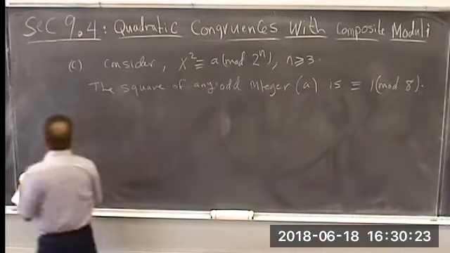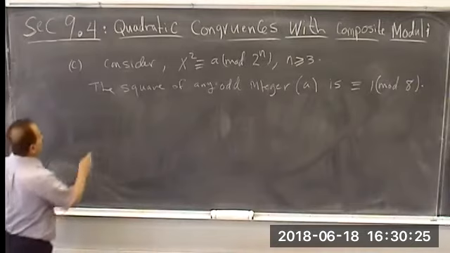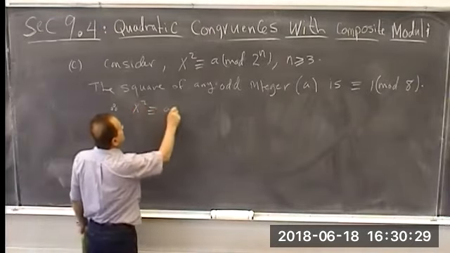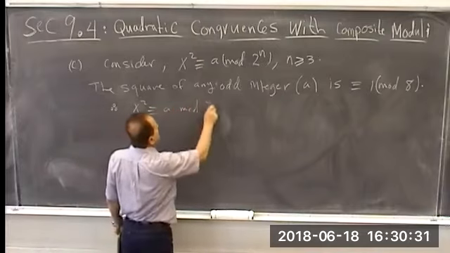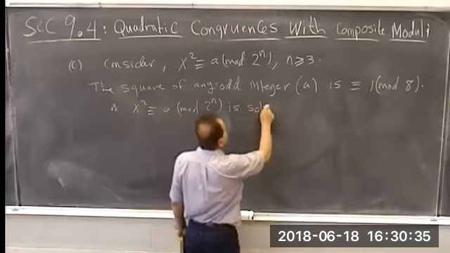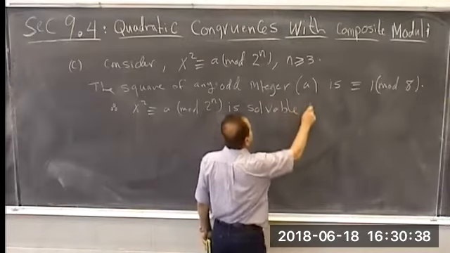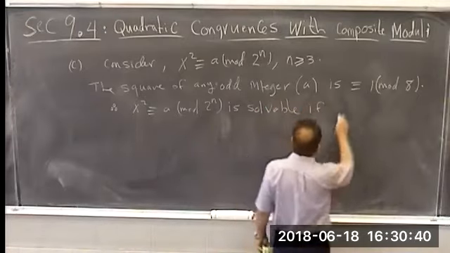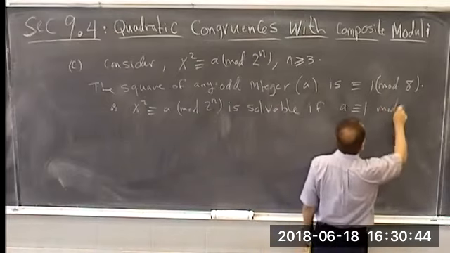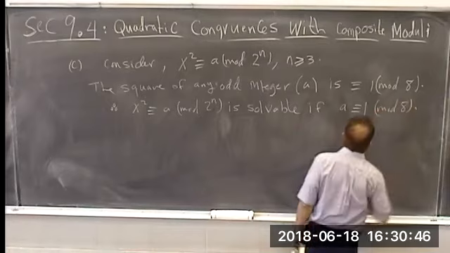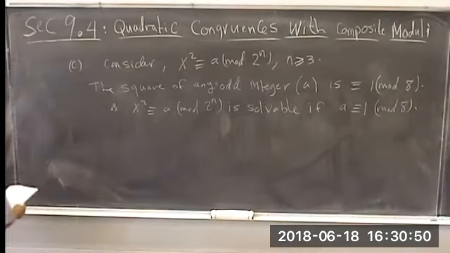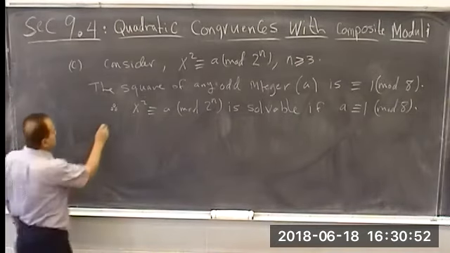So in other words, for this to be solvable, x squared congruent to A mod 2 to the n is solvable if this condition is satisfied, if A is congruent to 1 mod 8. So this takes care of the condition being necessary. All right? Now let's assume the other way around.